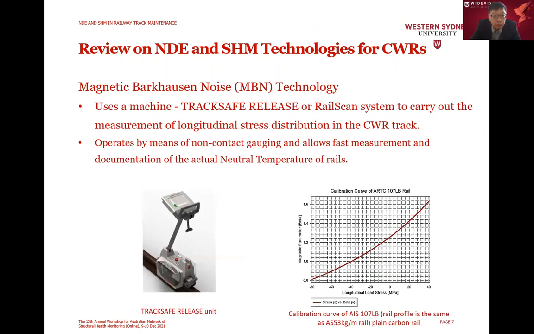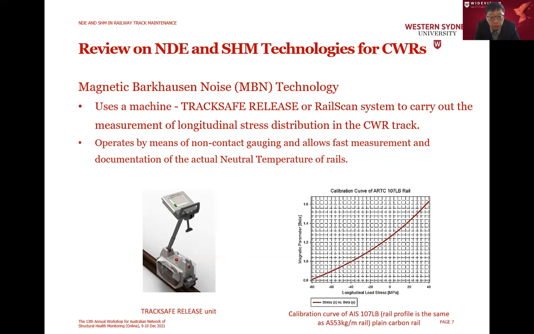The device we used is the TrackSafe rail scan system, to measure the longitudinal stress distribution in the CWR track. It operates by non-contact gauging and allows faster measurement and documentation of the actual neutral temperature of the rail of interest.